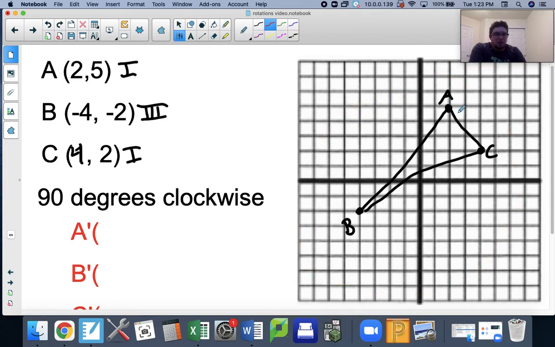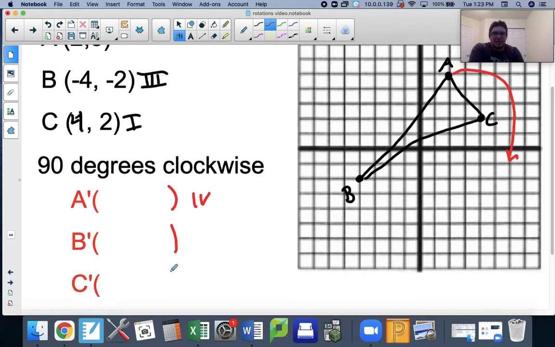So A is in quadrant 4. C is in quadrant 4, and B is in quadrant 2.